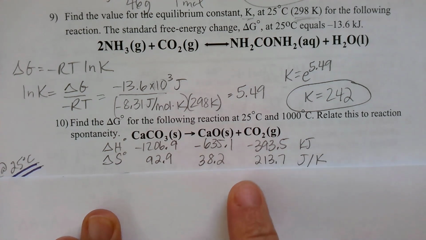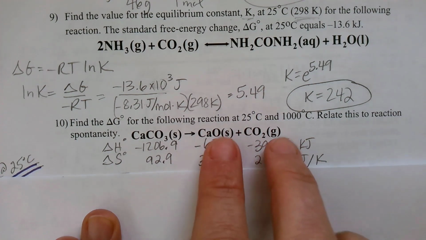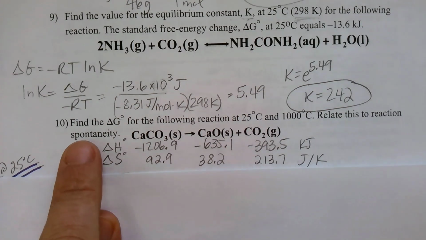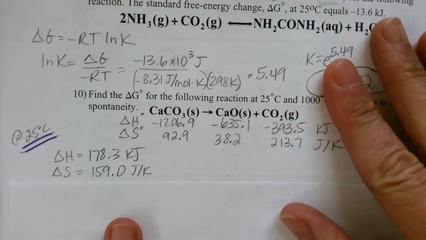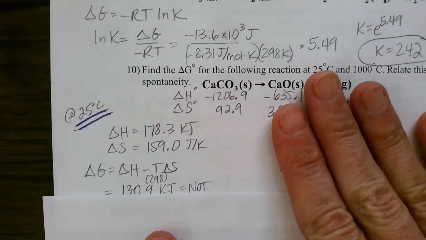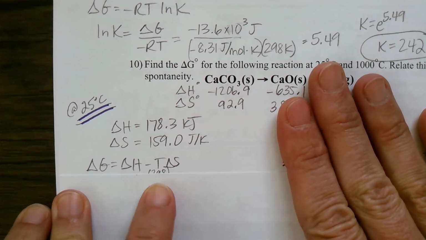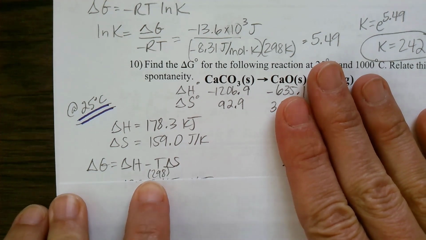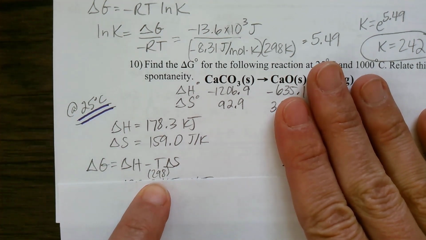Once we have those, we're going to use our summation of products minus reactants to find our delta H for the reaction and delta S for the reaction. Then we can plug into delta G equals H minus TS, because we are changing the temperature. For 25 degrees Celsius, I'm going to add 273.